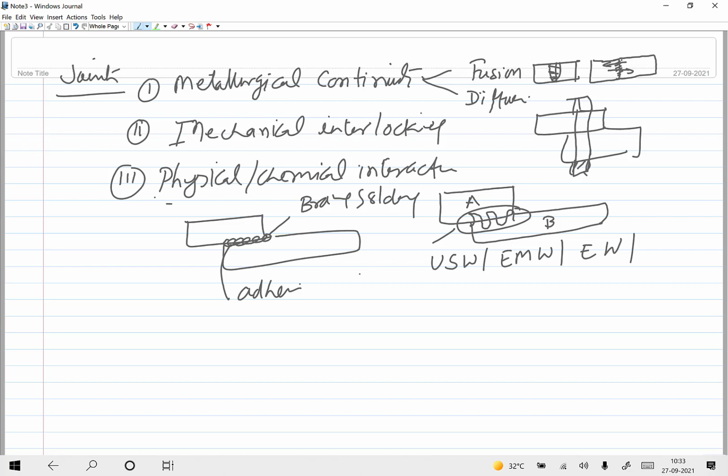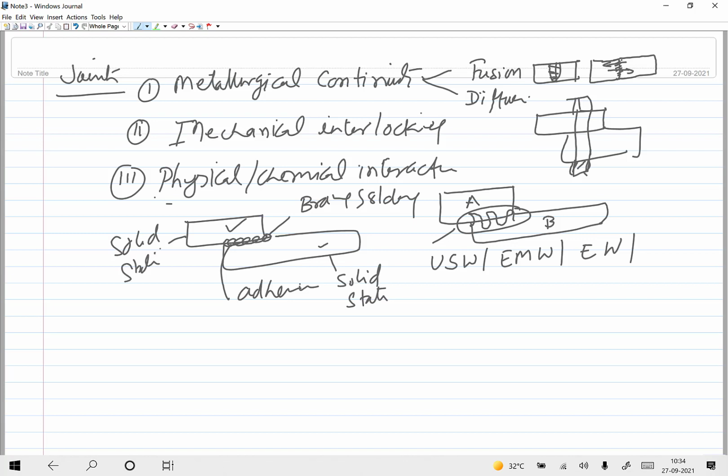These are a few trade names or chemical names. So you put the adhesive, and the adhesive interacts chemically and physically with the two components, and a joint is developed. In this case, both the components to be joined remain in the solid state.